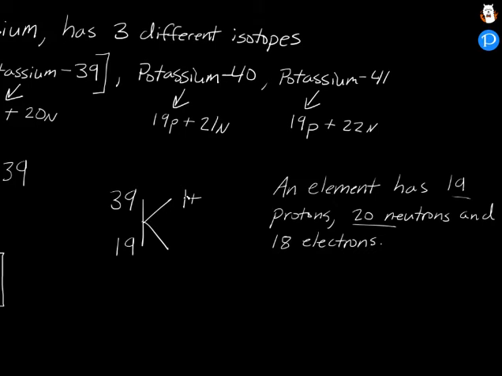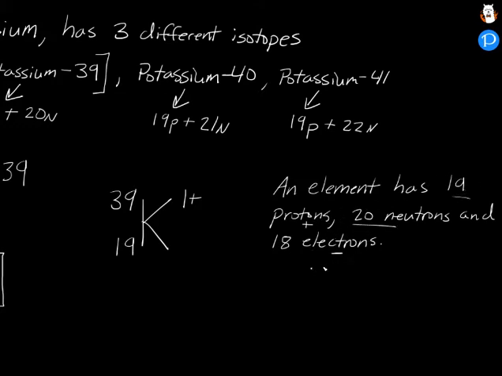Now for the charge, remember the charge has to do with how many protons and electrons you have compared to each other. In this case, I have 19 protons, which remember have a positive charge, and I have 18 electrons, which are negatively charged. So if I compare these two, I have more positive charge.